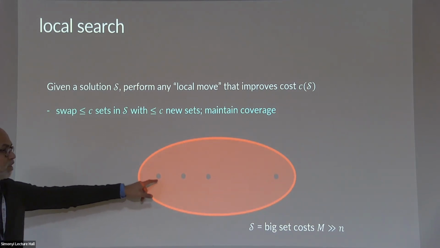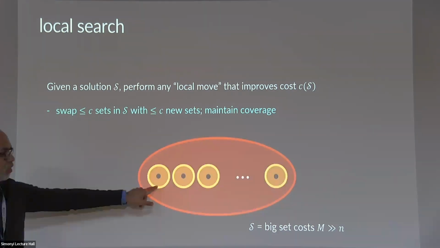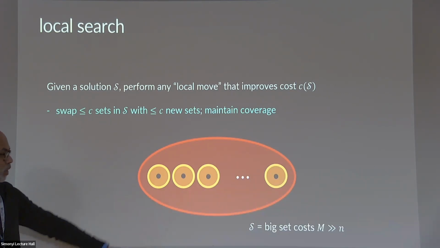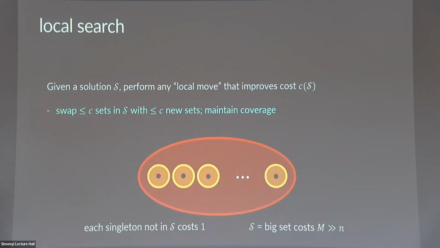There's one set that covers all the elements, but there's a beautiful solution, these yellow sets, which cost 1 each. So there are n of these, they cost n. The red set costs a lot. So you want to move to the yellow solution. But if you are at the red one, what can you do? You can't drop the red unless you add all the yellows. And adding all the yellows could be pretty expensive. I mean, it's basically like solving a set cover instance.